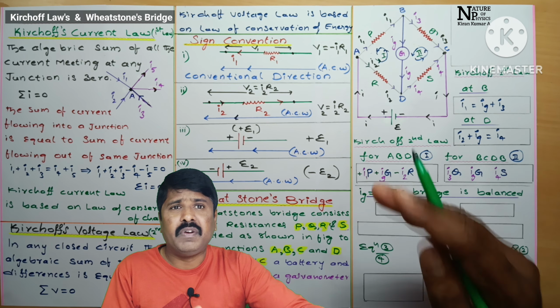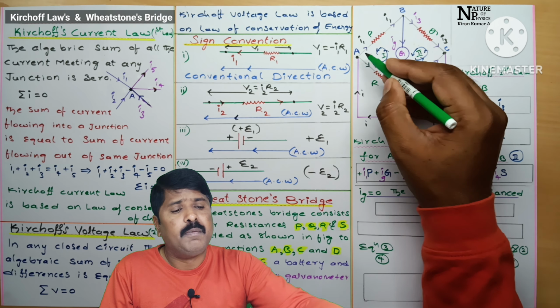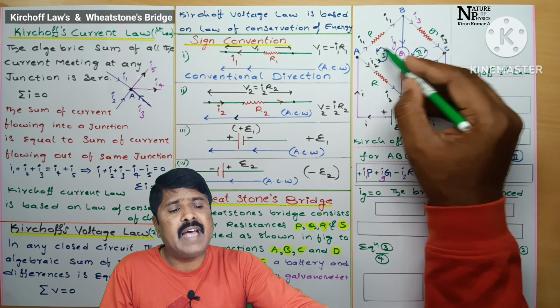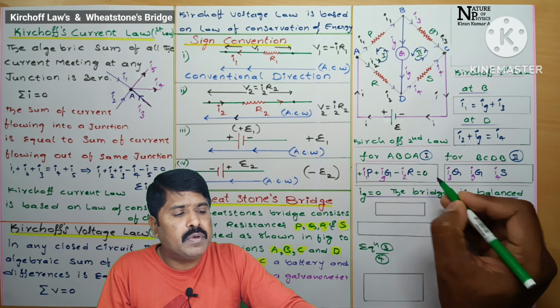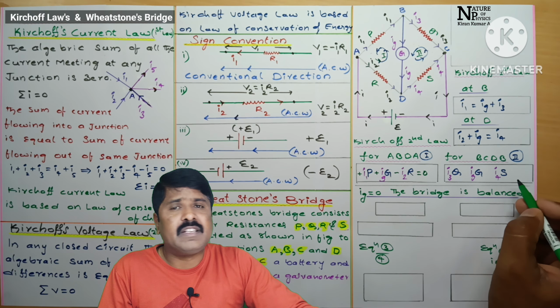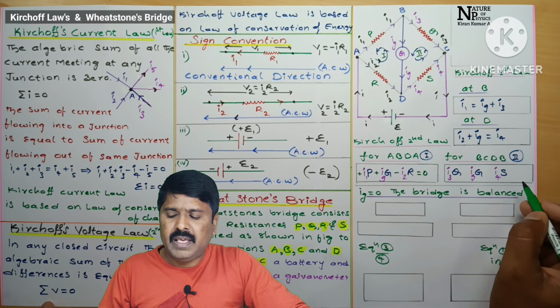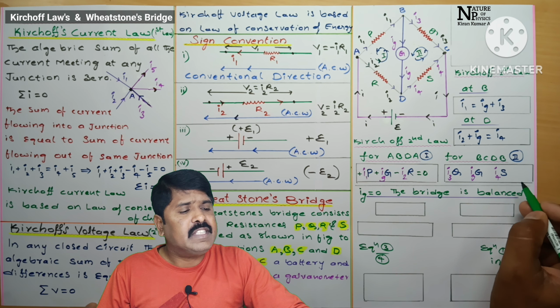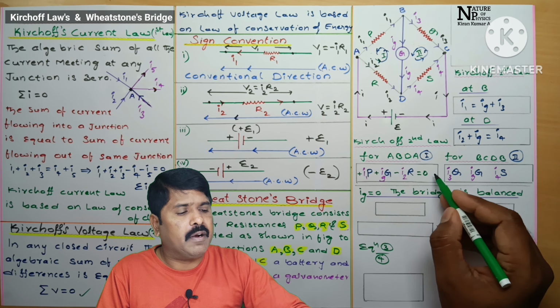If the current direction and conventional direction are opposite, it is taken as positive. The best examples in loop 1 are I1 and IG. The sum is equal to 0 because the algebraic sum of the potential differences in a closed loop is equal to 0. Sigma V equal to 0 is clearly applied here.